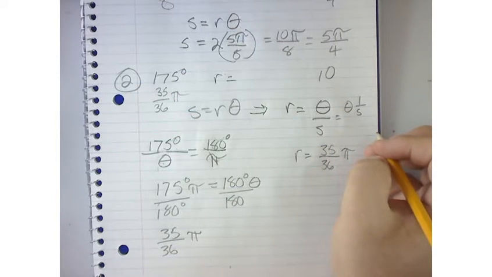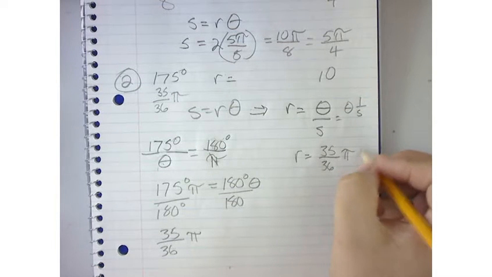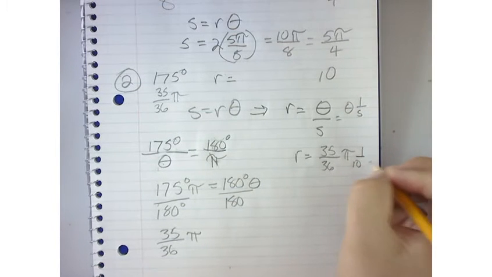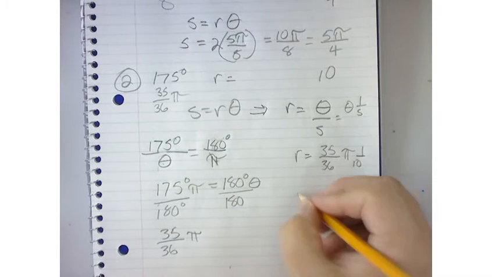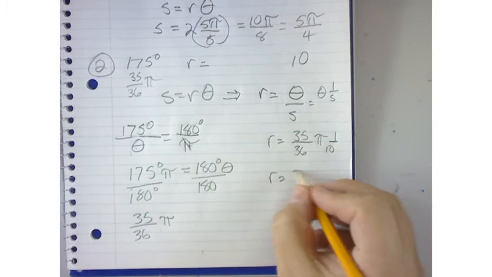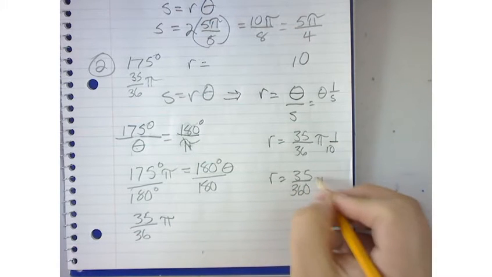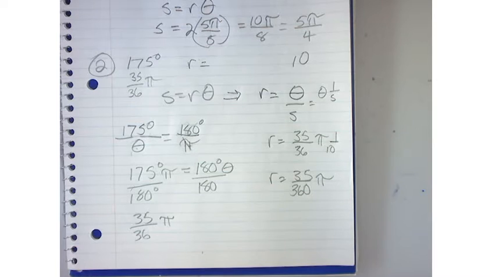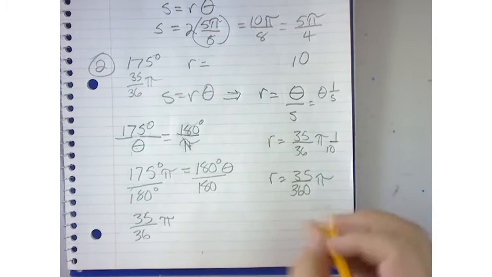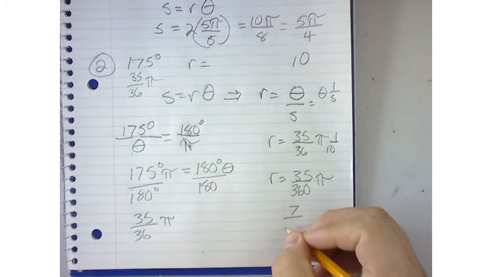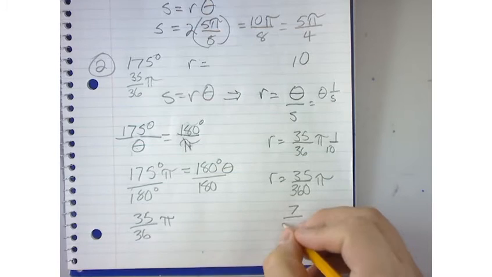Yep, so that's what I'm going to do. Times 1 over 10. So my radius is equal to 35 over 360 pi. Then we reduce again. So we've got 7 over 72 pi.